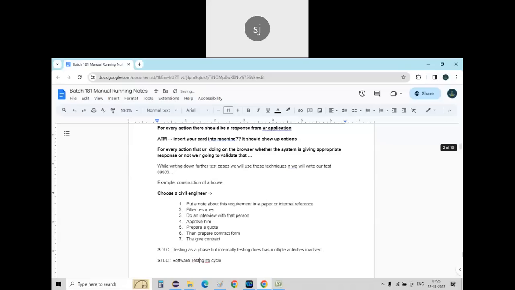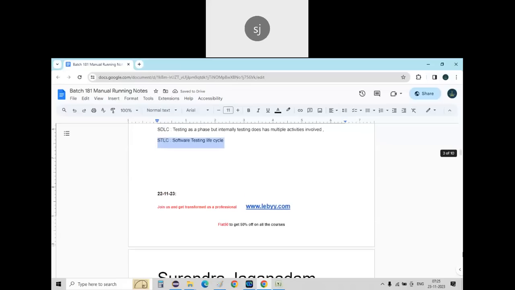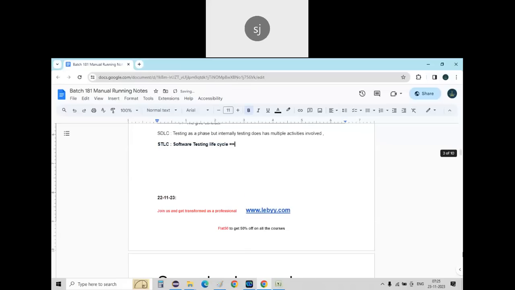which is the software testing life cycle. This itself is the software testing life cycle, STLC. In order to test an application, all the various stages involved in testing an application fall under the software testing life cycle.